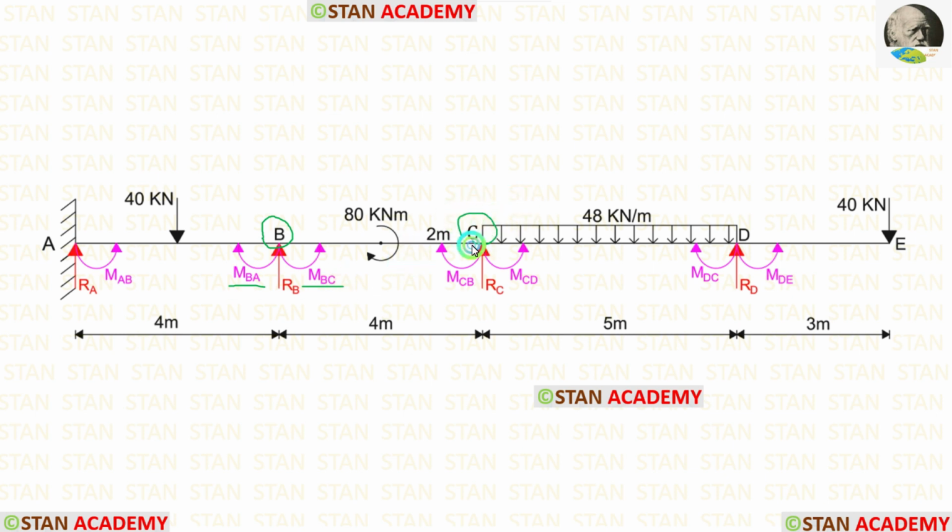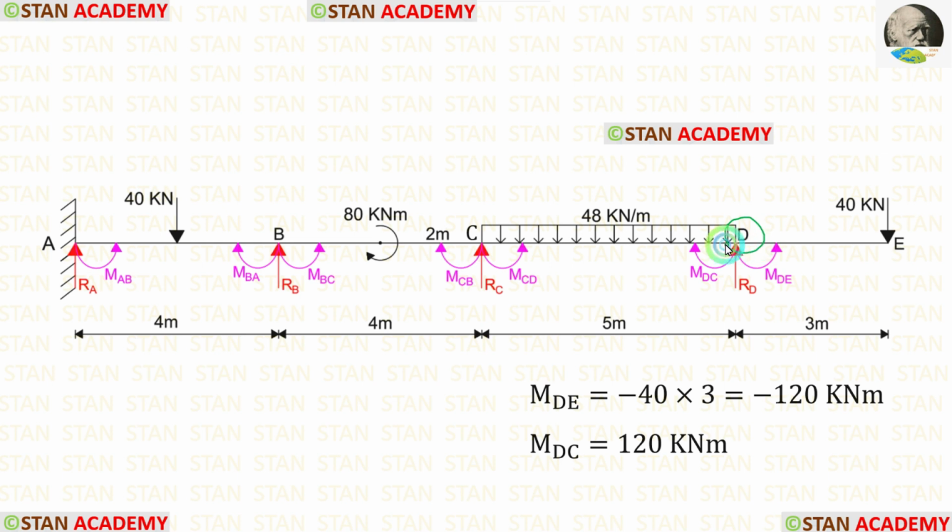In the joint C, there are 2 moments, MCB and MCD. And in the joint D also, there are 2 moments, MDC and MDE. So totally we have to find 7 moments. Also, we have to find 4 vertical reactions, RA, RB, RC and RD.